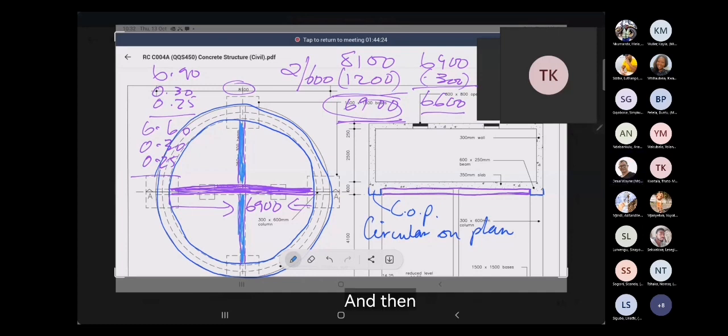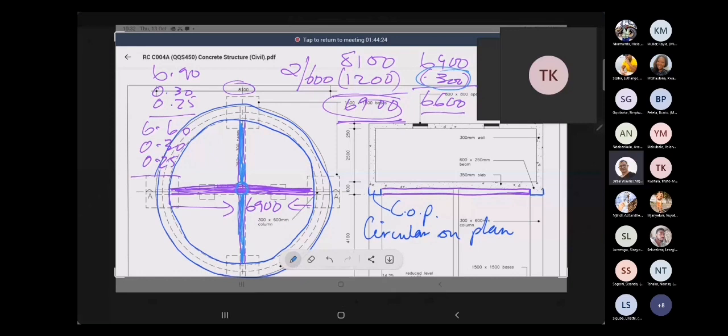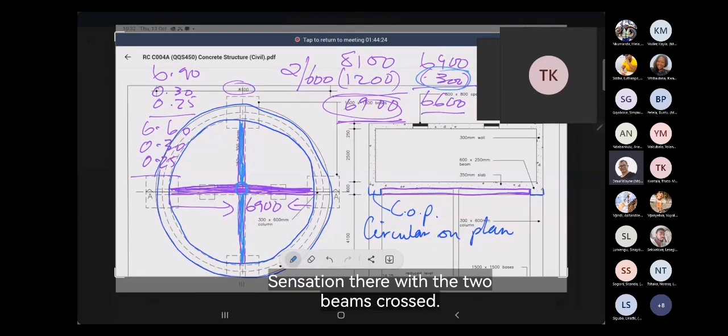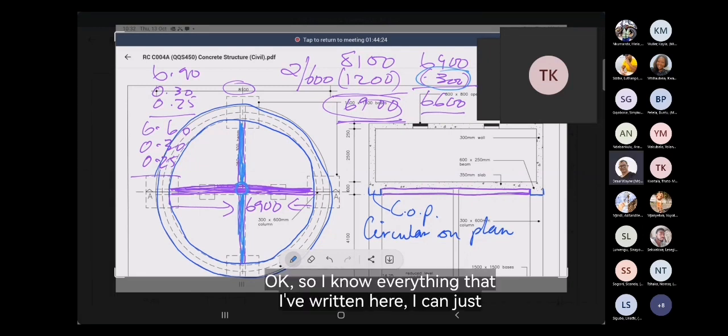And then, because over there, that 300 that I've circled there is the deduction of that section where the two beams cross. Okay? Now, everything that I've written here, I can justify and I can show where I get those dimensions from.